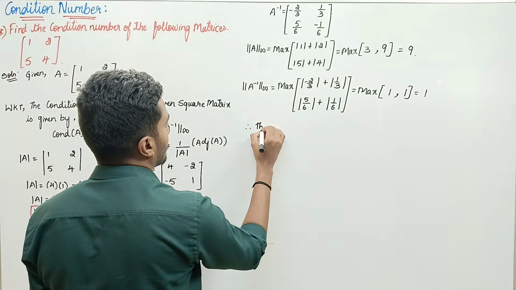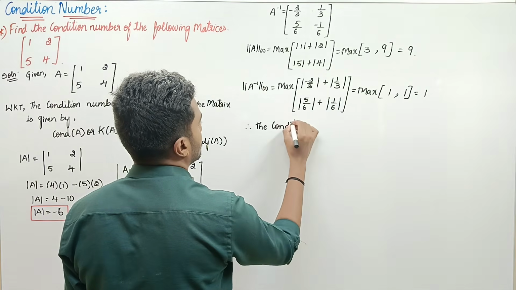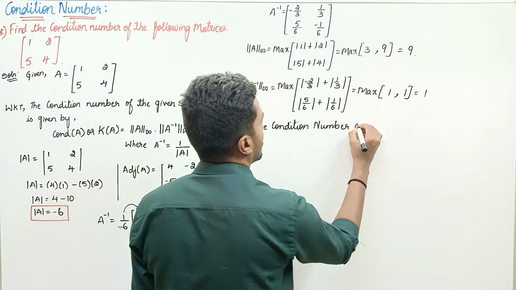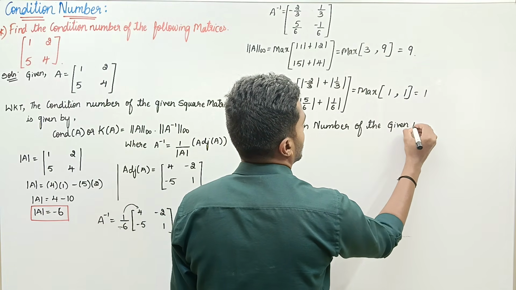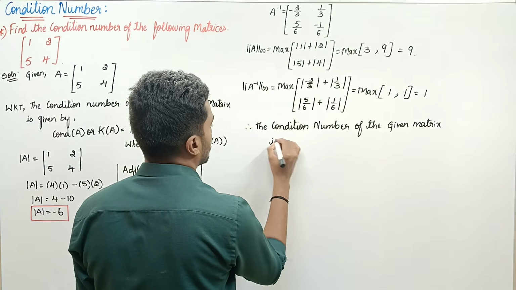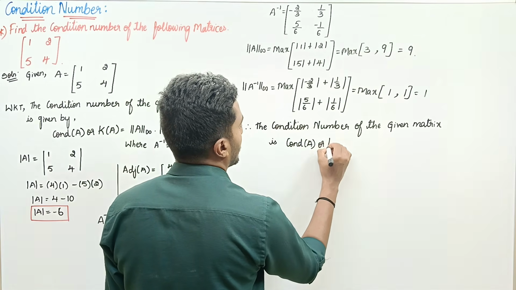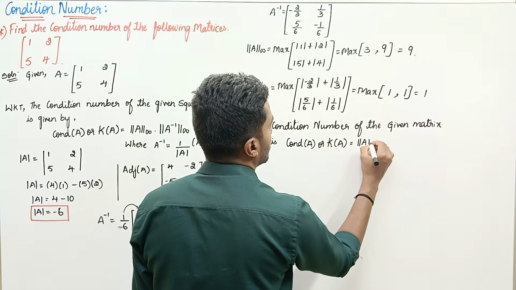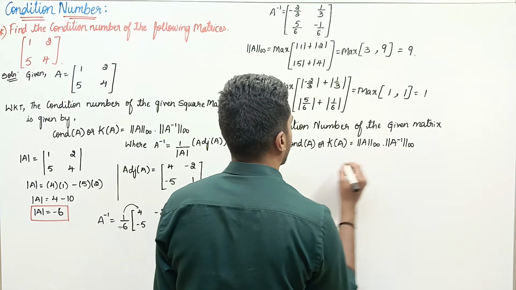Therefore, the condition number of the given matrix is condition of A or K of A, which is equal to norm A infinity into norm A inverse infinity.